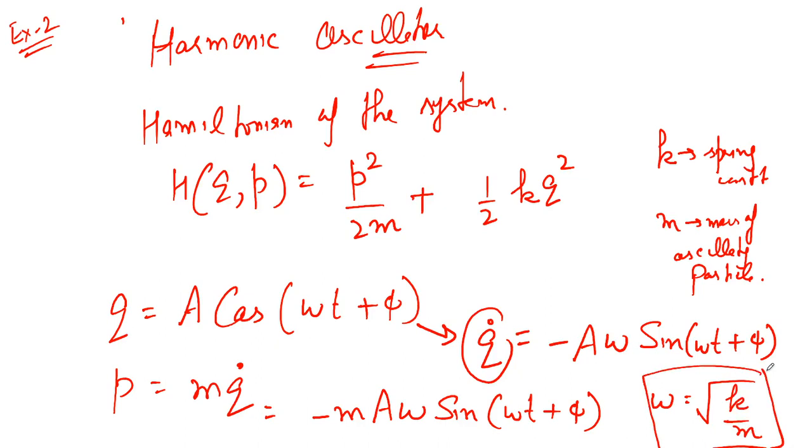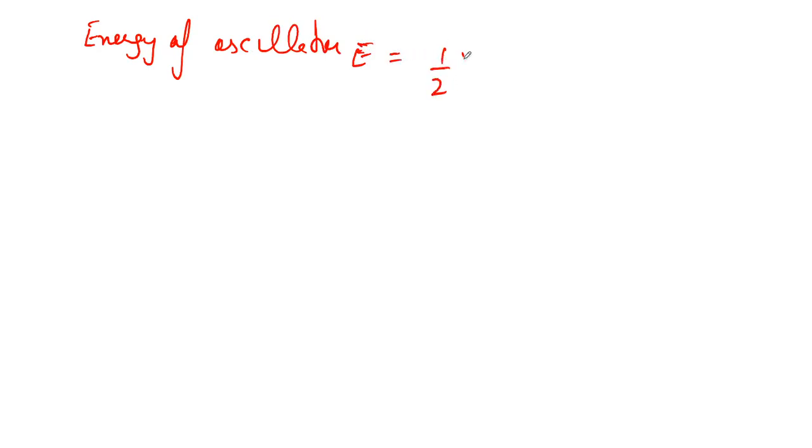So once we find the value of this angular frequency from these two position and momentum coordinates, we can find the energy of this harmonic oscillator. The energy of this oscillator is (1/2) m ω² a², and from this energy we can find the phase space trajectories of the representative points of this system, which we can find from the p and q values.